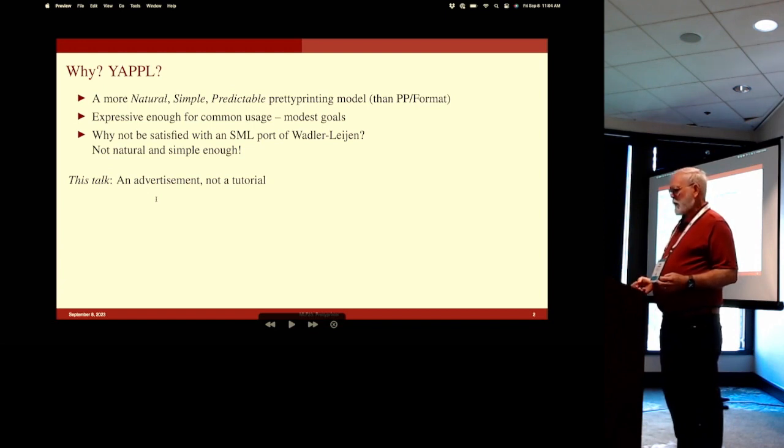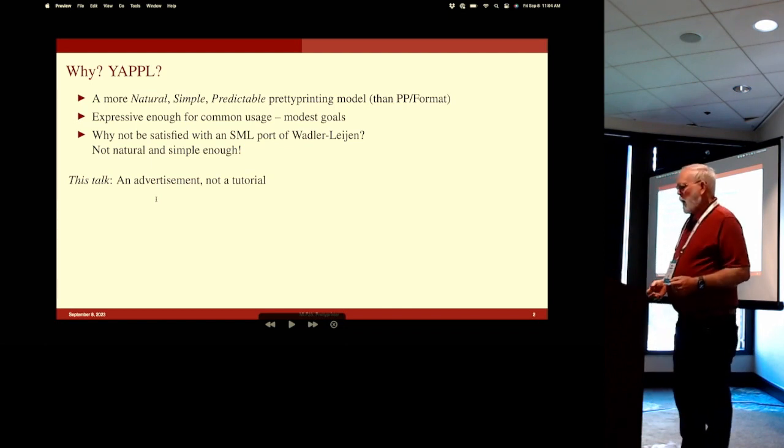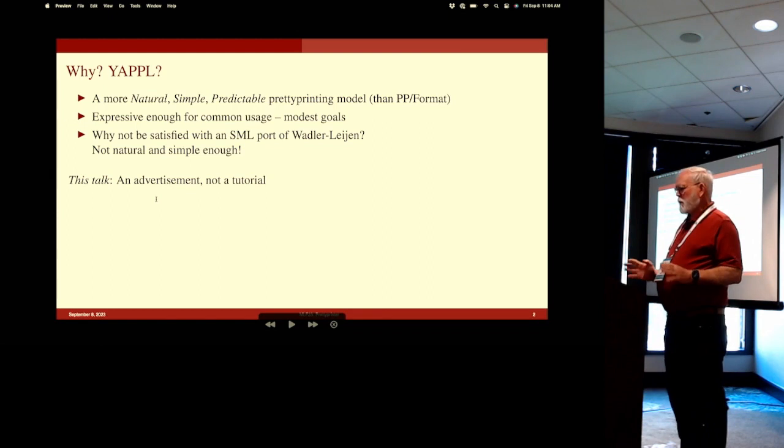And so I investigated that, going back to the Hughes 1995 paper and the Wadler 1997 paper and the source code of the current library and so on. And that's an improvement, but not quite enough. I found that the algebraic development technique led to an algebra of pretty printer constructors or document constructors, which is not quite as natural and simple as I'd like, and I thought I could do better.